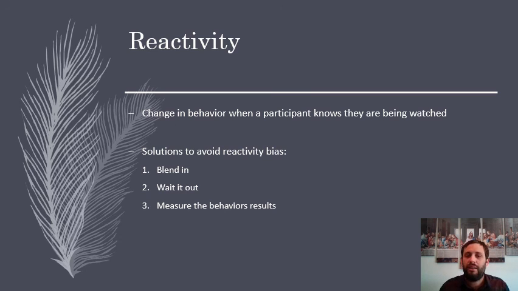Lastly, another way to avoid reactivity bias is to actually avoid measuring the participants at all. Rather, you measure the behaviors that are antecedent to the participants being there. For example, let's say I'm interested in how much drinking happens in a fraternity house.